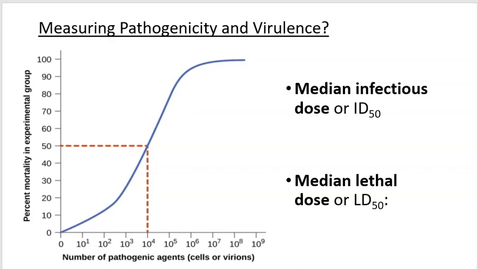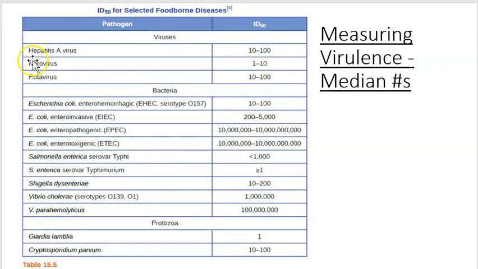And if we look at this figure from the book, we can see when we're measuring this virulence and the median infectious dose for different kinds of foodborne diseases. The viruses tend to be a little bit lower in terms of the numbers, but you can certainly see that if you look at this one right here, you could have an infection going on just due to the presence of a single bacterium or a single protozoan cell.